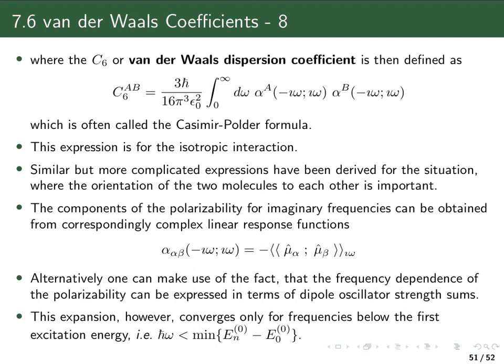Now, the polarizabilities for imaginary frequencies, well, that's just the usual linear response function, with the only difference that now you have to calculate it for imaginary frequencies. And with some programs you actually can do that. The Dalton program actually can do that. Otherwise, one can use a different trick.